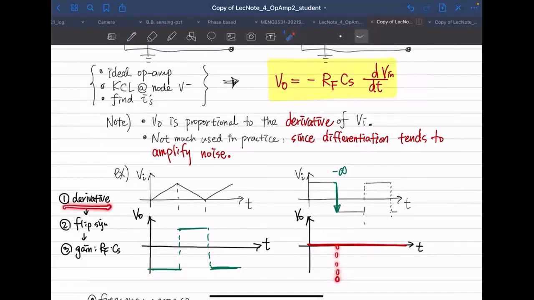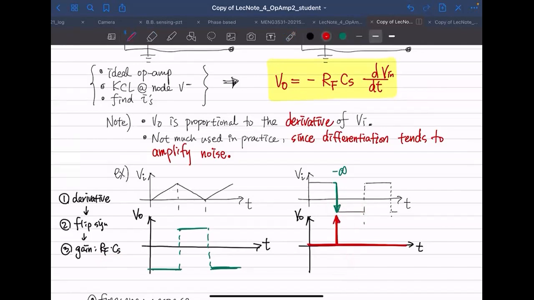That's the derivative, and we flip the sign. So this guy goes up. And then to this value, which is infinite, we just multiply something. It's still going to be infinite. So we're going to have a spike that looks like this here.